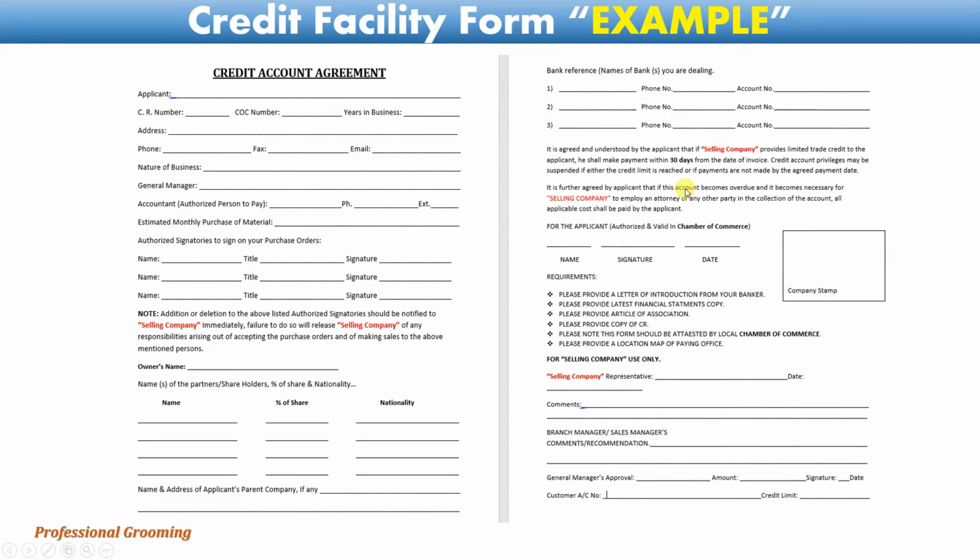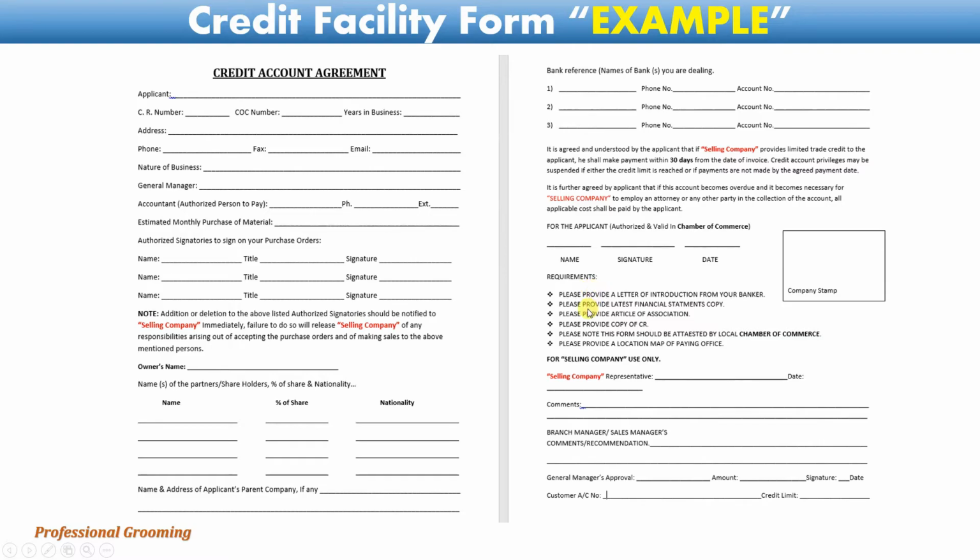So these are the terms and conditions, like 30 days, and if overdue, we will stop selling the goods on credit. After that, for the applicant, they have to mention the name and the signature of the person who is authorized, and this space is for the government authority stamp.